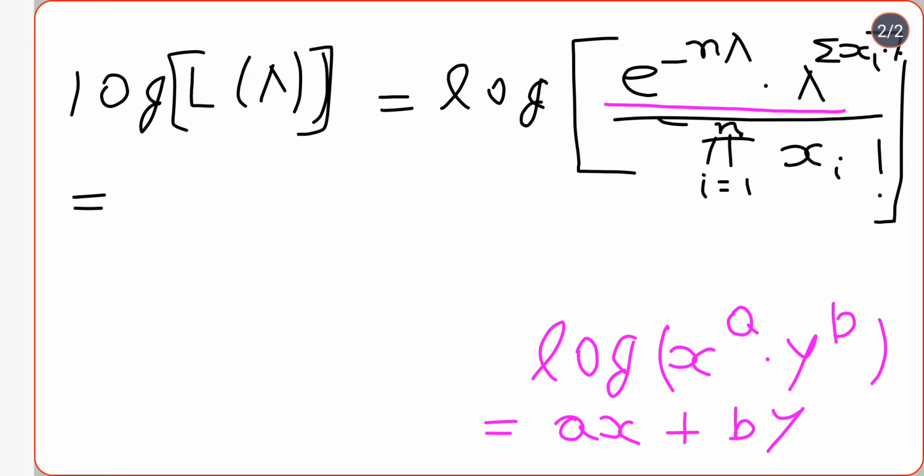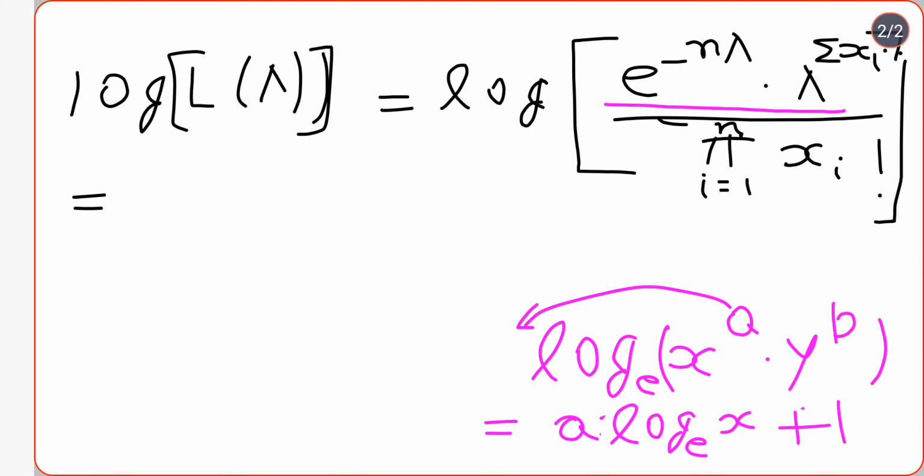Here I have made a mistake, so let me write this formula properly. The a will come out from the power and a will become the coefficient, but we have to write the log also, log base e of x. Okay, e is the base that is always there, even if we don't write it. Next, b will come out from the power, and we write log base e of y.